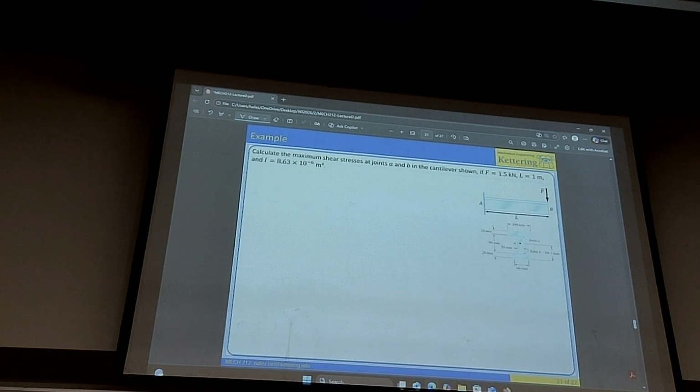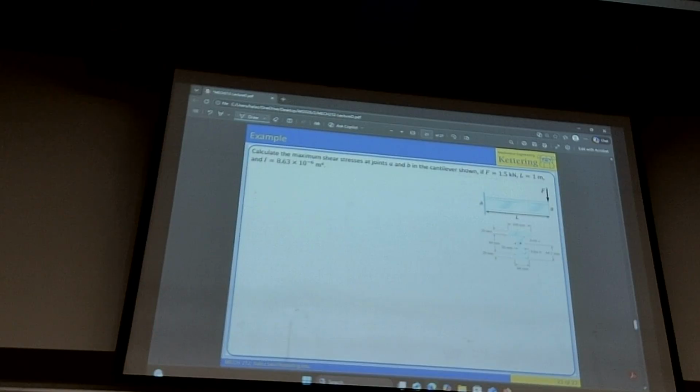The problem is from the textbook, but it's a lot of simplification. Remember, when we calculated I for the T-shape, it was very involved. By giving the I calculation here, we'll have only engineering discussion rather than mathematical complexities.